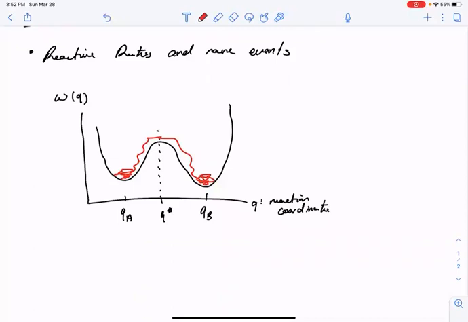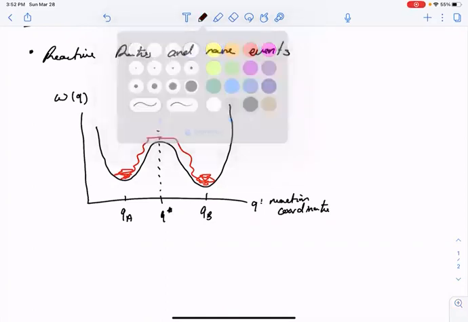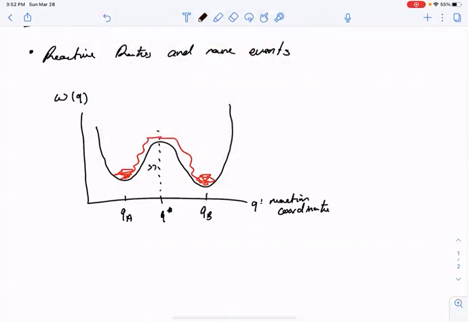So especially if this barrier is much greater than kBT, I think we have intuition that the likelihood of seeing a trajectory that goes from A to B is unlikely. And what we're going to try to work through today is just how unlikely it is and with what rate it will occur.